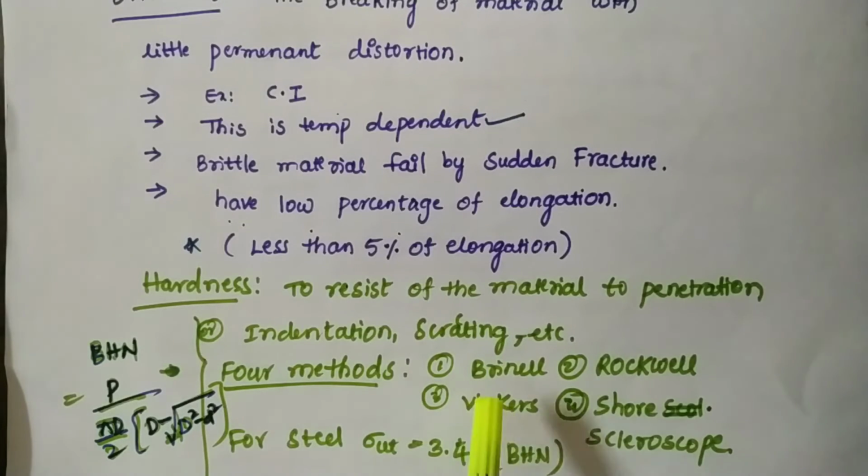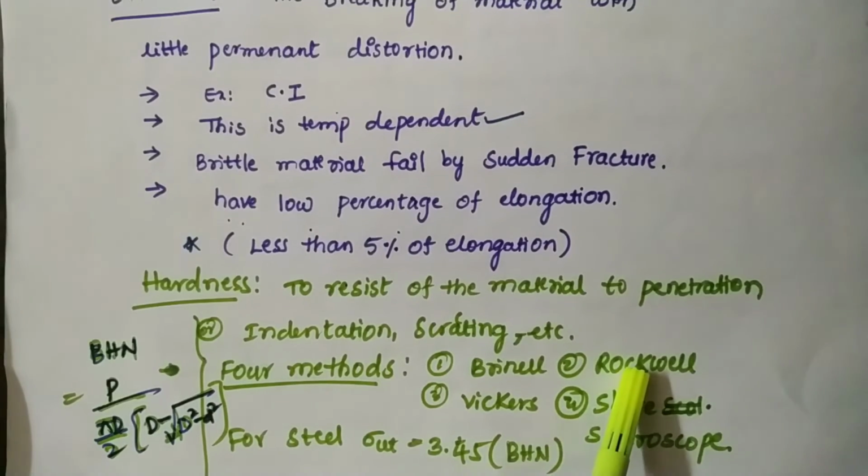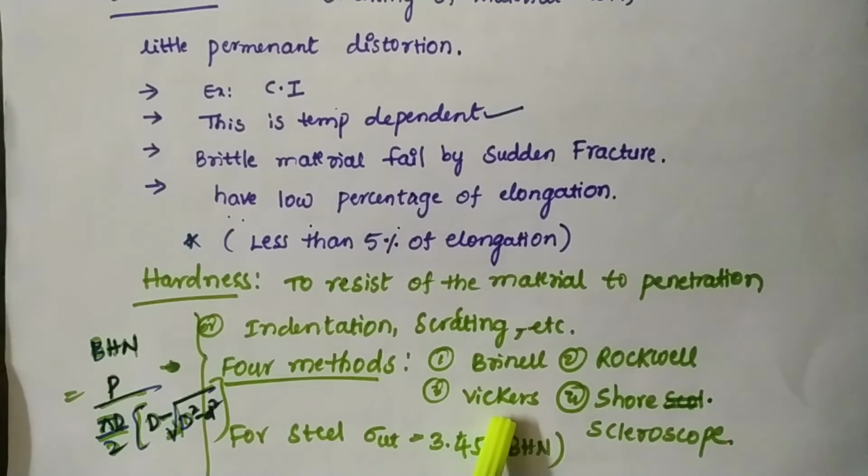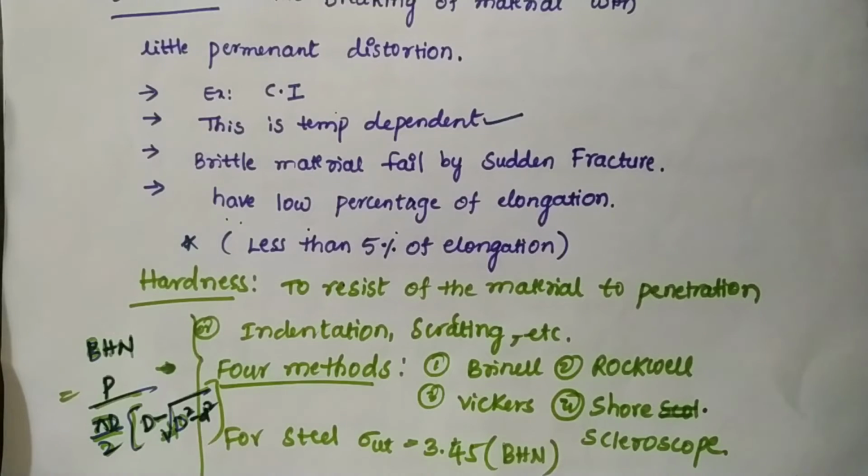What are they? Brinell hardness test, Rockwell hardness test, Vickers hardness test, and Shore scleroscope tester. These are the 4 methods used for measuring hardness.